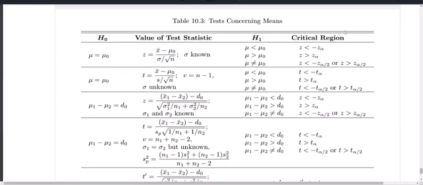Okay, so when you take a look at number one, this one here, I need you to pay attention whenever you are doing hypothesis testing that has to do with the mean, and the standard deviation is known. Take a look at this one. The standard deviation is known.